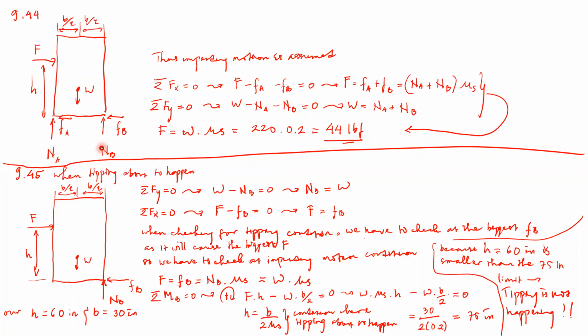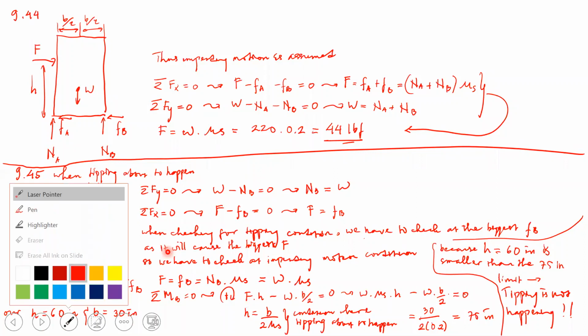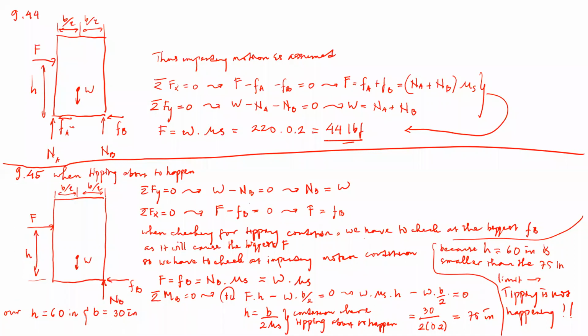Normal force at B is an unknown as well. But Fa and Fb are not new unknowns, because Fa we can represent with Na multiplied by mu s, and Fb with Nb multiplied by mu s as well.